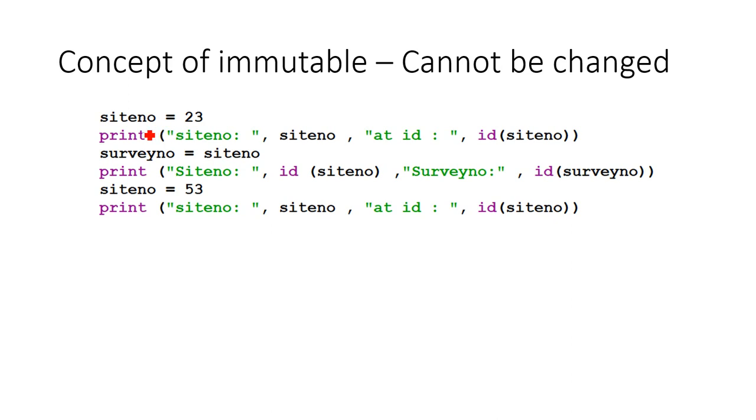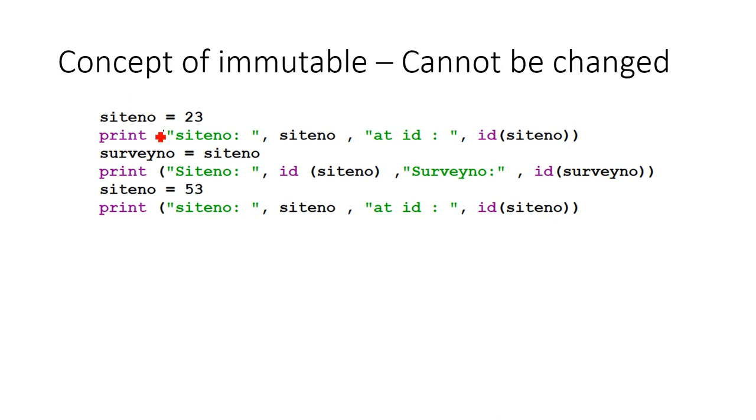Since Python supports dynamically typed variables, we can directly associate a value to a variable without specifying a data type. 23 is an integer value, so site number is initially an integer variable.